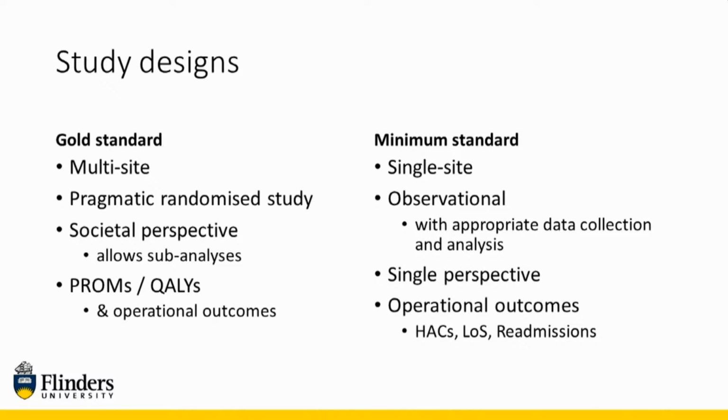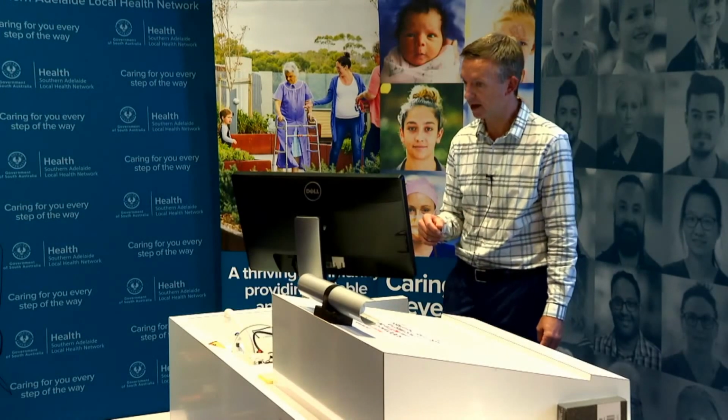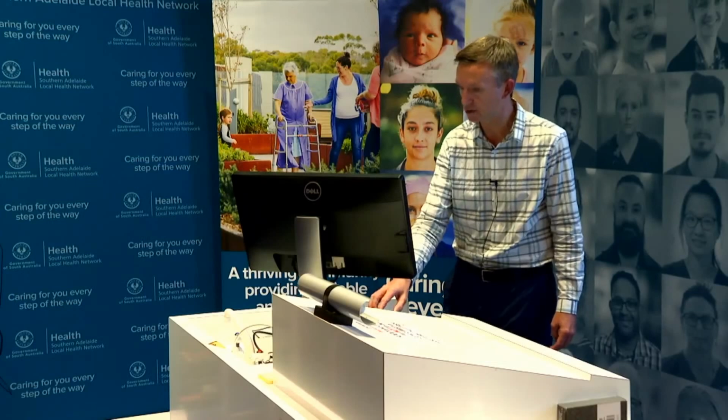Compared to maybe a minimum standard where a single site, observational study design, but ensuring that you're collecting appropriate data and analysing that data appropriately. You may only take a single perspective because you're limiting your data collection, and you may only look at operational outcomes. So we'll discuss these issues around study design in the fifth seminar when we come back to this issue.